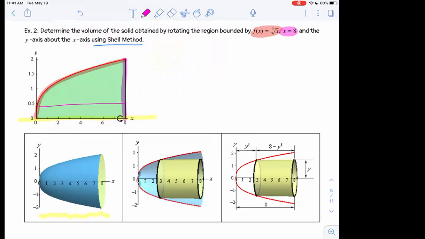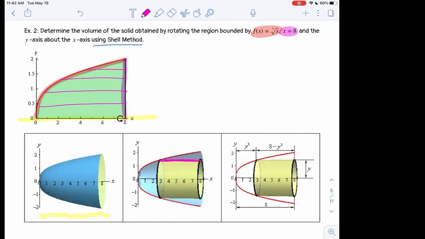So my heights of the cylinder should be parallel to that axis of revolution, okay? And you can tell in the second diagram here, this is the height of that shell. And that's the same as one of these lines that I drew above, okay?